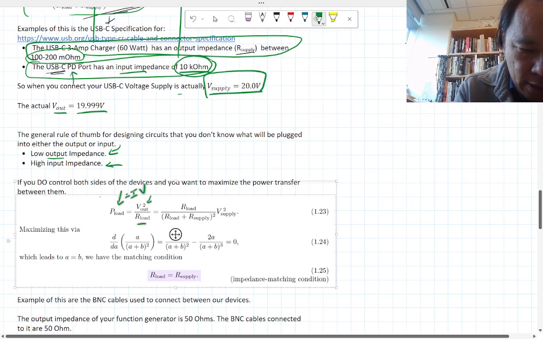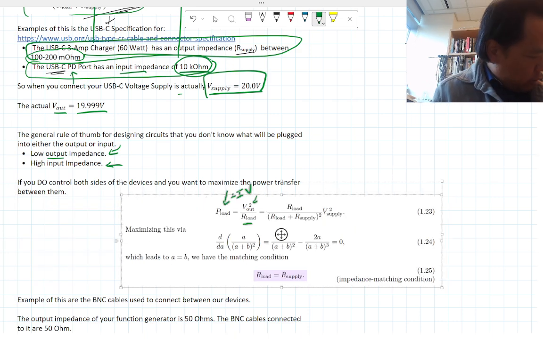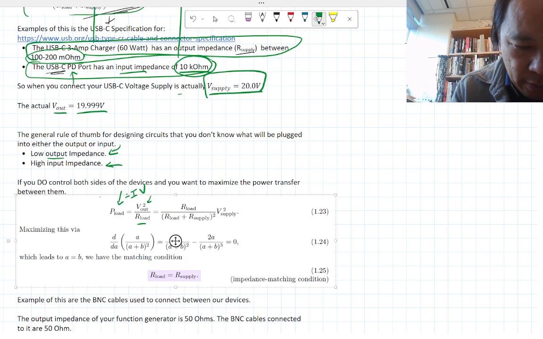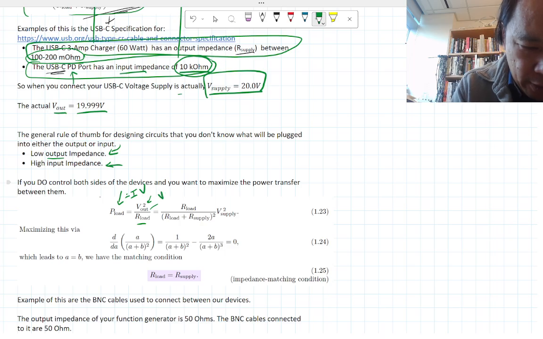Okay. Well, V out here just follows the voltage divider equation, which is just V supply squared times R load over, well, there used to be an R load squared here, and you already have an R load here.